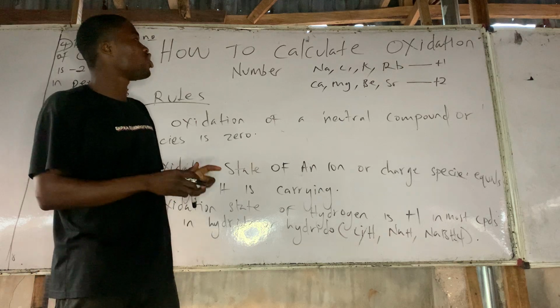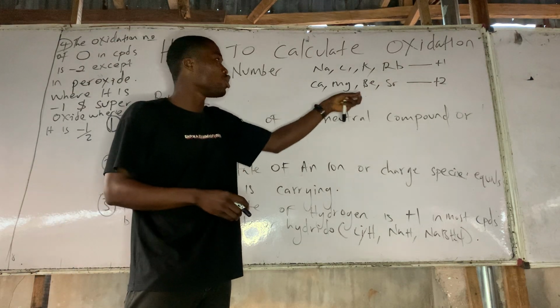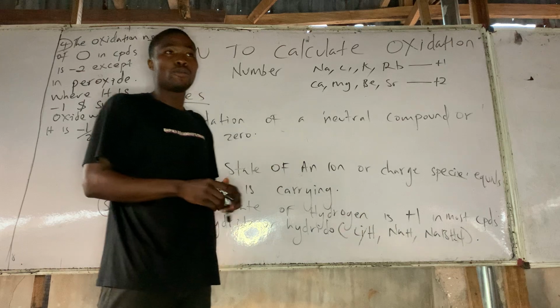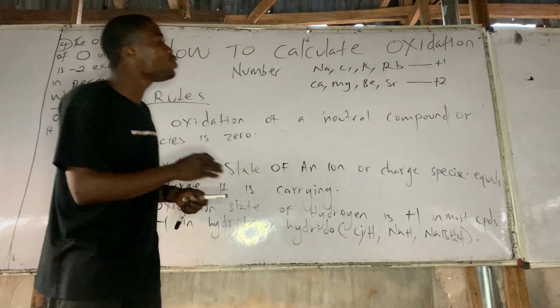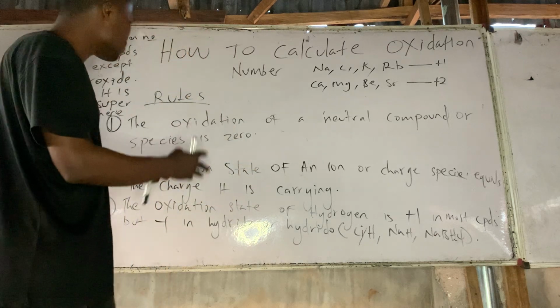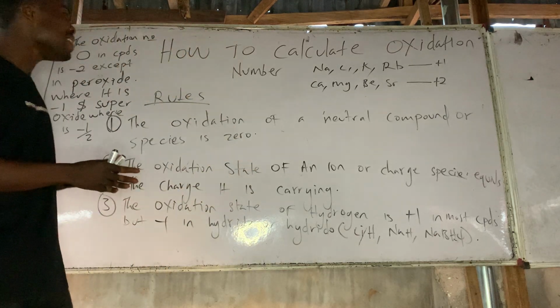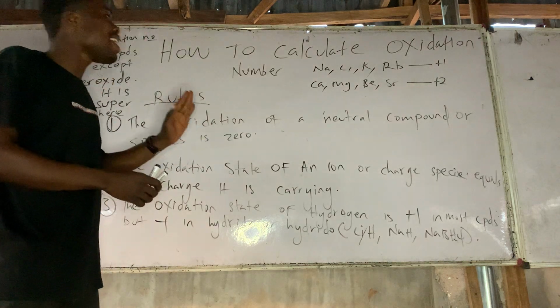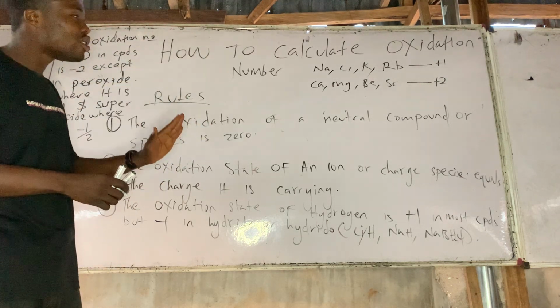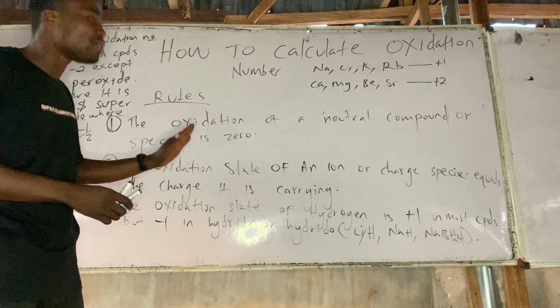So we have the oxidation state of group 1 metals in compounds to be +1, and group 2 metals in compounds to be +2. With these rules, you can calculate the oxidation state of any element in a compound or in any species.